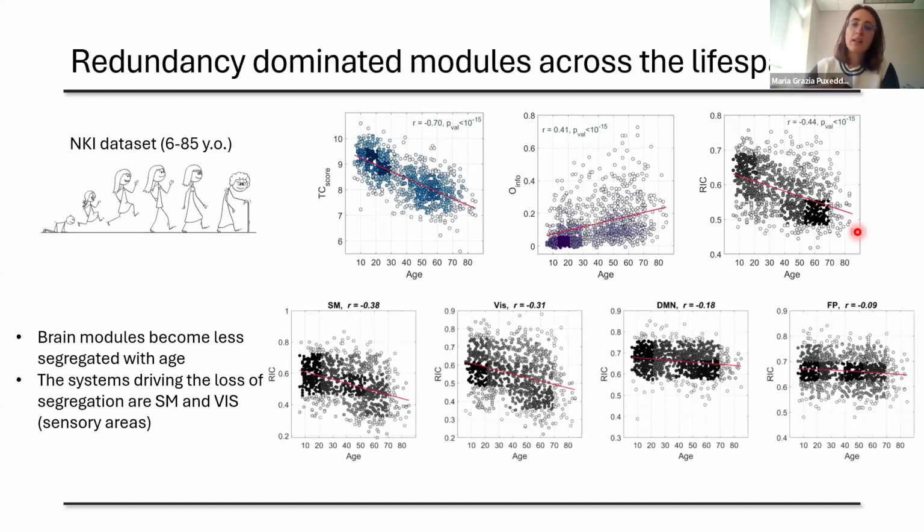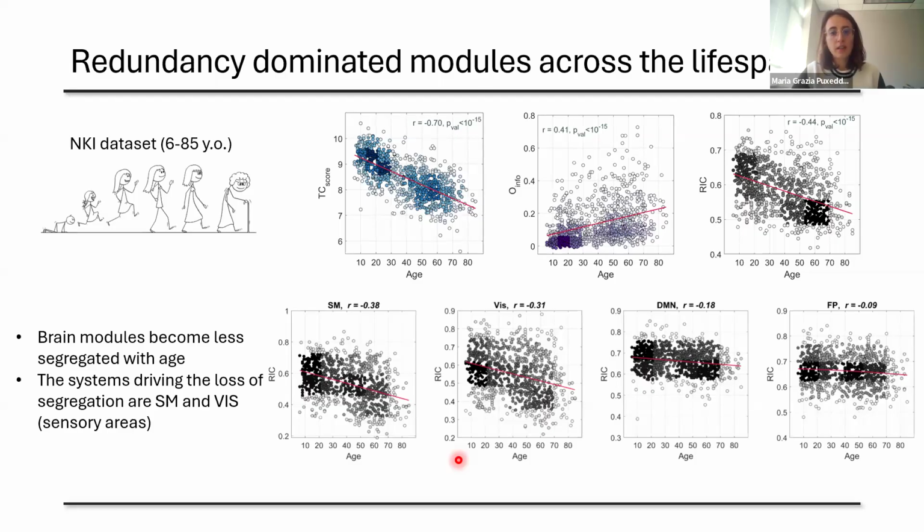But what was interesting here is that we unpacked this relative integration coefficient for the canonical systems, and we saw that what drives this loss of segregation is the fact that the motor system and visual system become less redundant with age. So the sensory areas, the regions that display the highest level of topological specialization, are those that drive the loss of segregation with age.